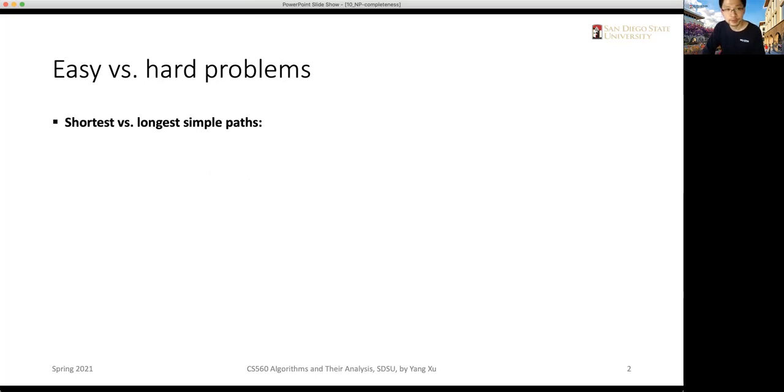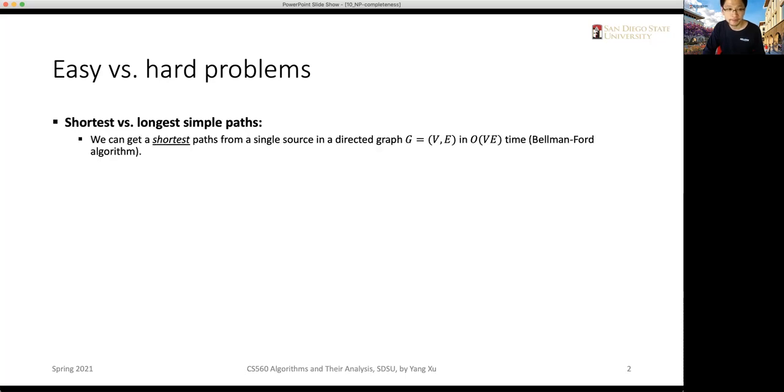So if we switch the term from shortest to the term longest, then it will be a totally different problem. Given a graph, if we run Bellman-Ford on it, we can actually get a shortest path for each vertex in the graph within big O of V times E time, right?